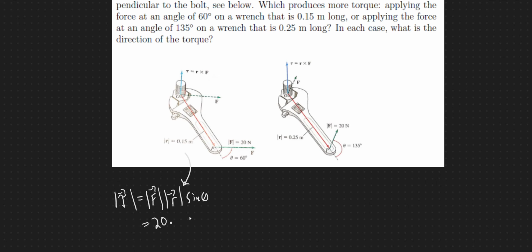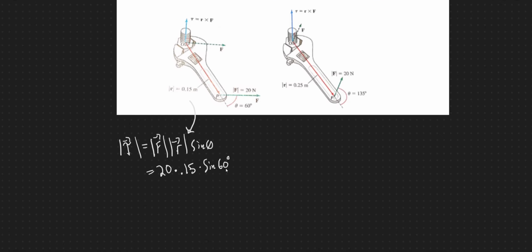Magnitude of r is 0.15. And theta is 60 degrees, so this will be times sine of 60 degrees. Now, sine of 60 is square root of 3 over 2. 20 times 0.15, well, 2 times 0.15 would be 0.3, so that'll be 3 times square root of 3 over 2. So this is 3 square root of 3 over 2, and that's the magnitude of my torque.